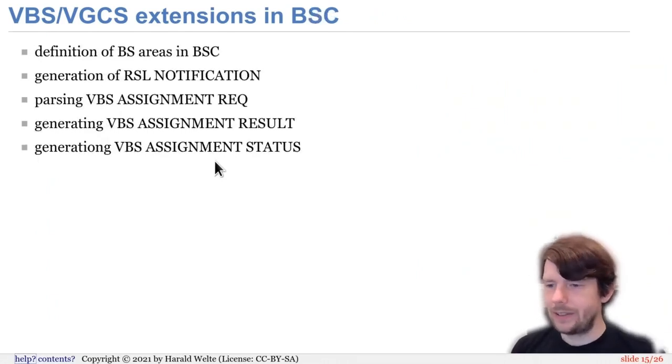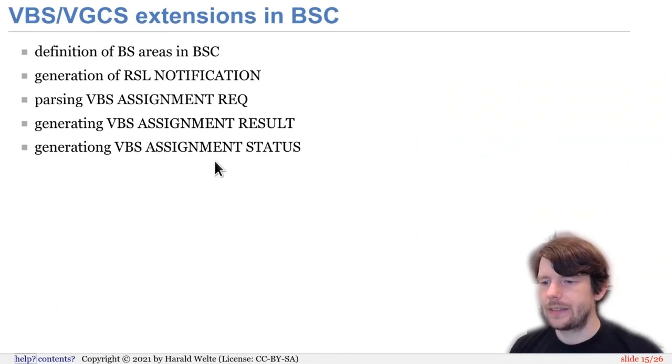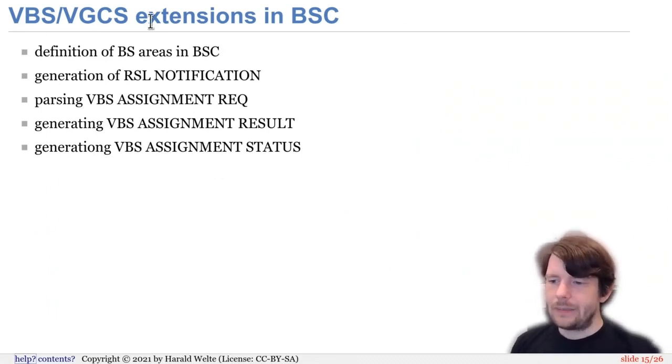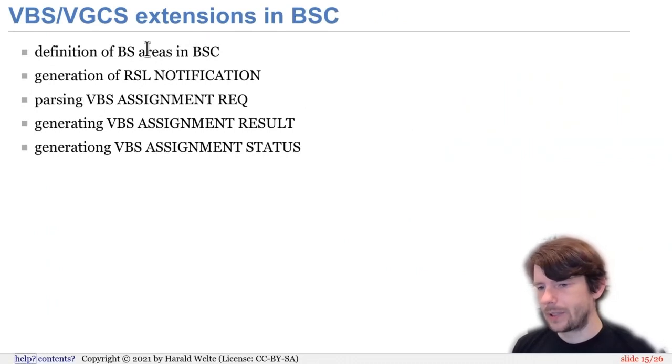So on the BSC level, it gets a bit more complicated. There are assignment requests and results and status for voice broadcast services, also for voice group call services. I think you need to generate those RSL notification messages, and also the BSCs have definitions of broadcast service areas that you need to manage and configure somehow.